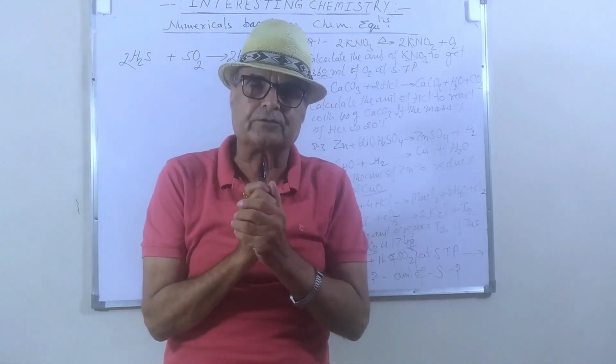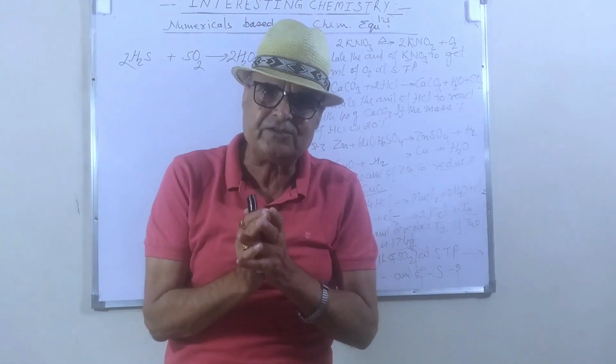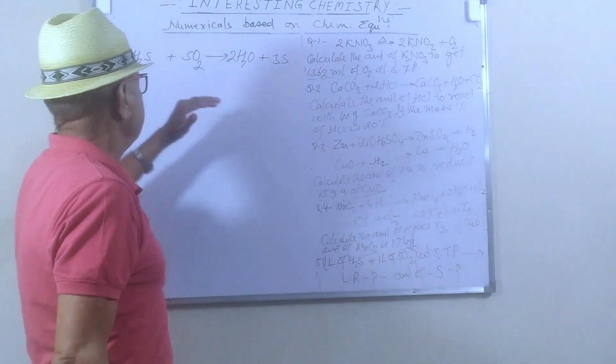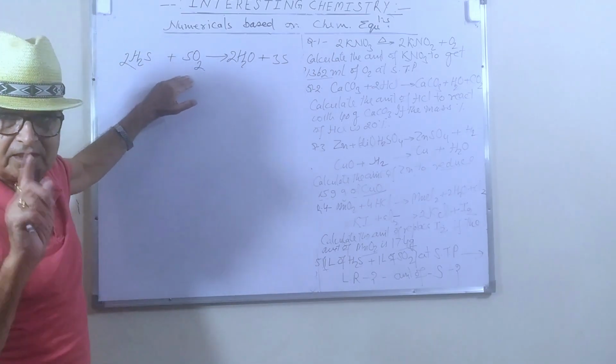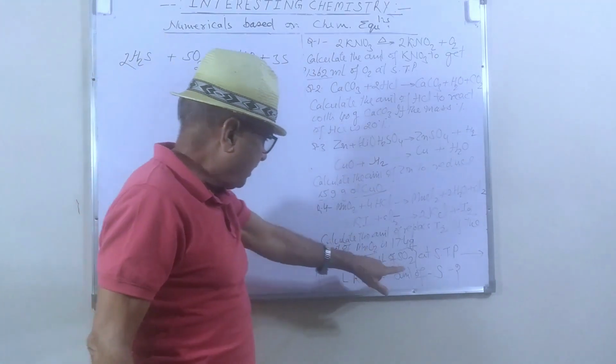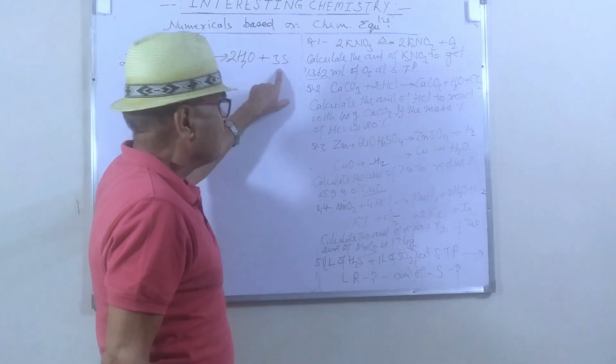There are two questions. First, you have to decide which one is the limiting reagent, whether H2S or SO2. Second, the amount of S that is formed.